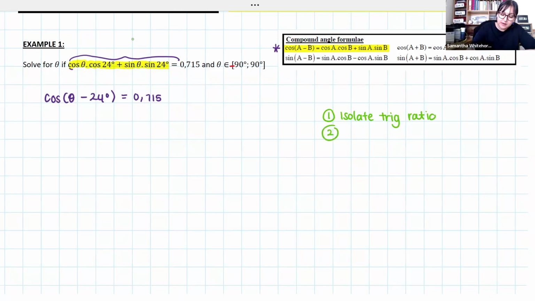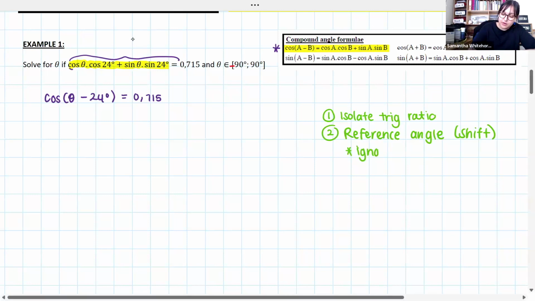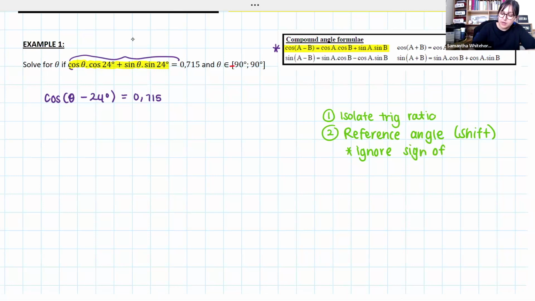I'm sorted there. The next thing I do is I find my reference angle. Right, your reference angle is where you use shift on your calculator. And to work out your reference angle, remember you ignore the sign of your ratio. The sign will become important when we decide which quadrants it's in. Now, in this case, this is a positive, so the sign thing doesn't really matter.